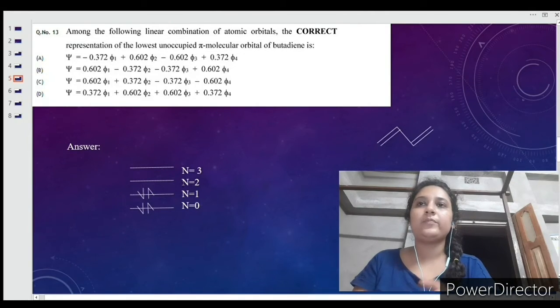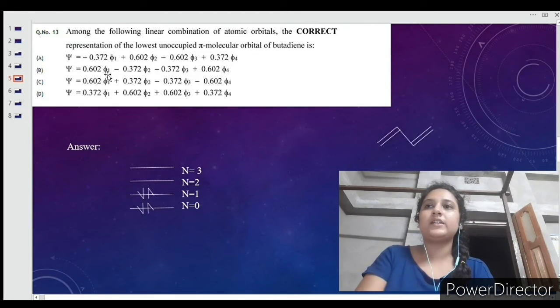So there is only one sign change in option C, so the number of nodes for this molecular orbital representation is 1. So this is actually the representation for the HOMO molecular orbital.